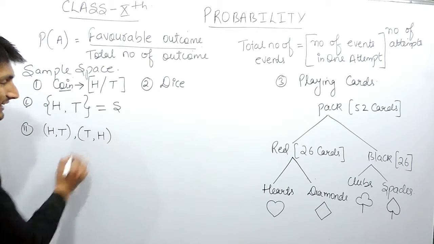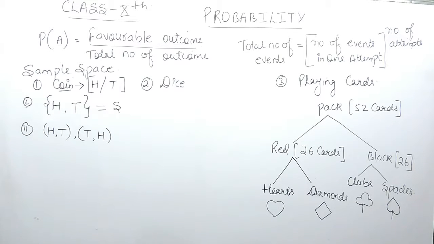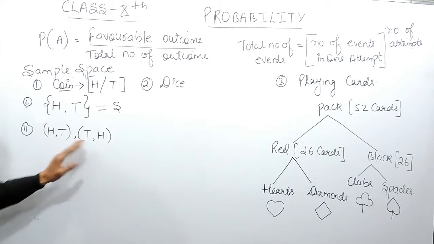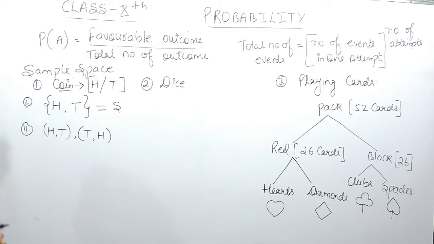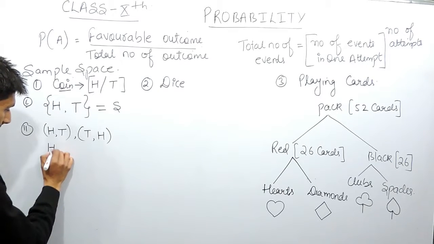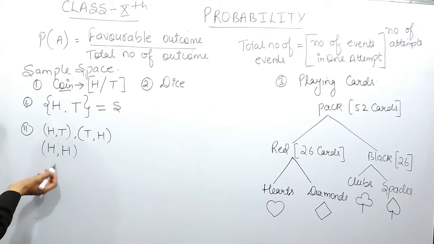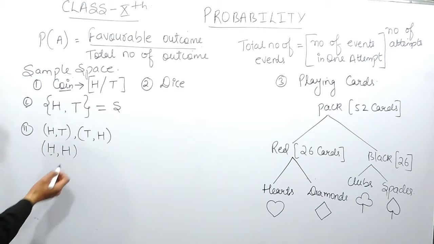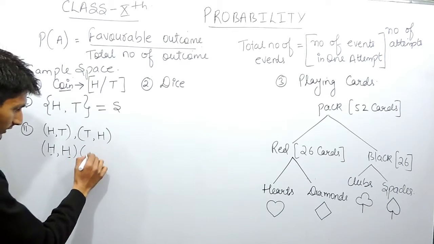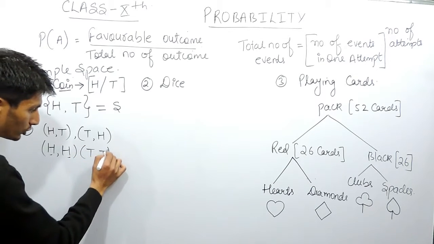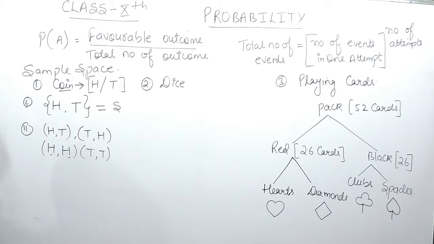In the second case, in the first coin tail might come and in the second, head might come. This is the second possible outcome. These are two different outcomes, and there is a possibility that in both, head will come, with the head face up in the first coin and also in the second. There is also a possibility that in both coins tail will come.